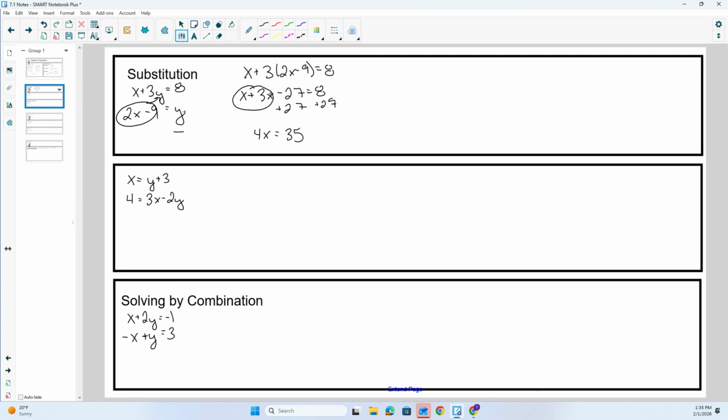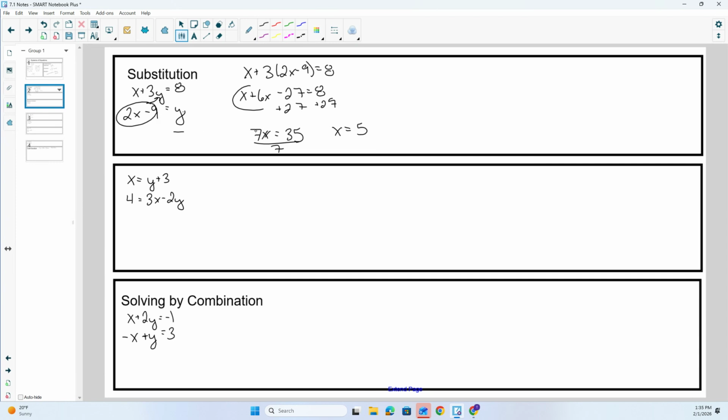Oops, I did something wrong here. So let's go back a sec. This is not 3x. This is 6x. There we go. That makes it 7x. So divide by 7. x is equal to 5.